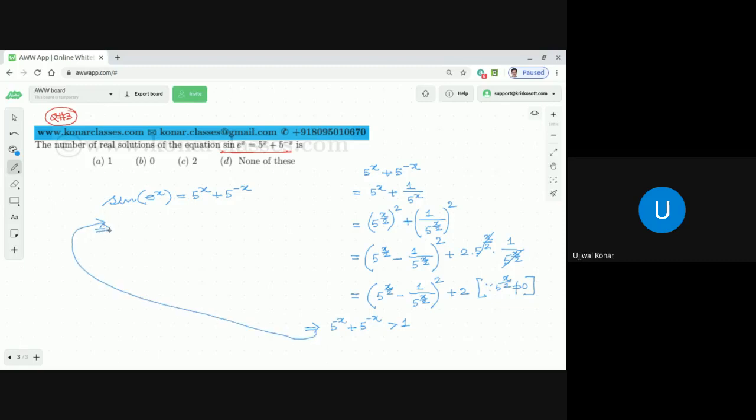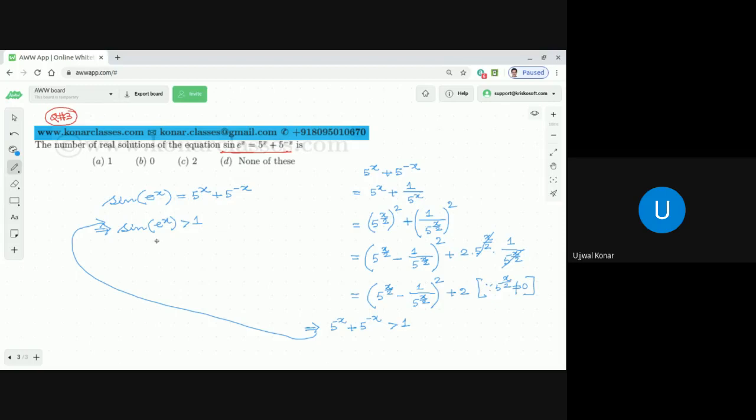This implies sine of e power x is greater than 1. Is it possible? Impossible. Sine of anything is always less than or equal to 1. It cannot be greater than 1. So the number of real solutions to this equation is now 0.